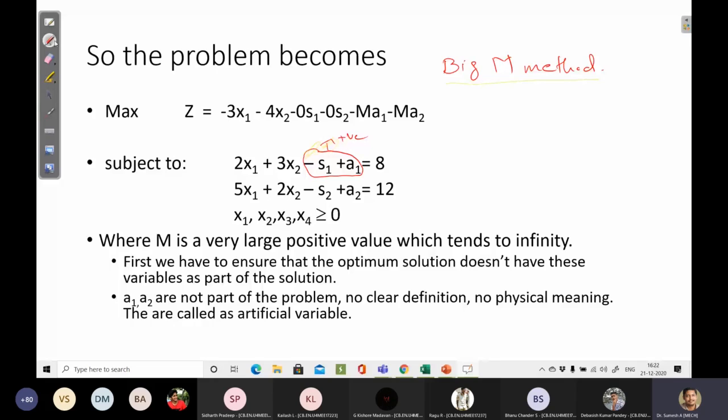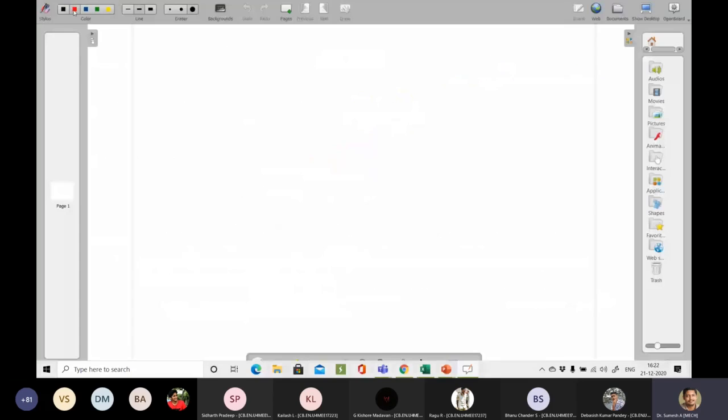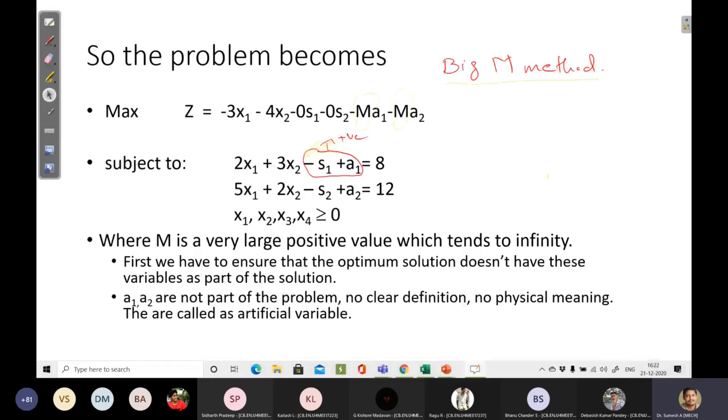What we are doing is that the coefficient of a in your objective function will be marked as M. M will be a very large positive value, which tends to infinity.